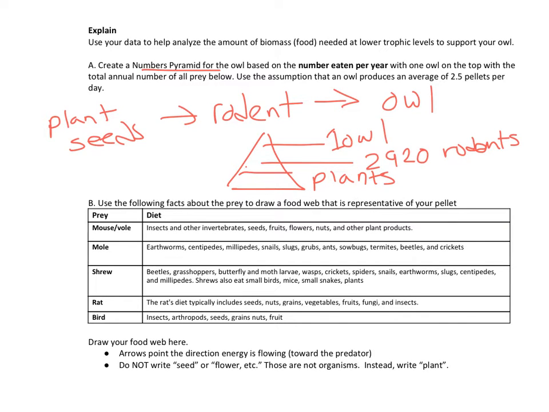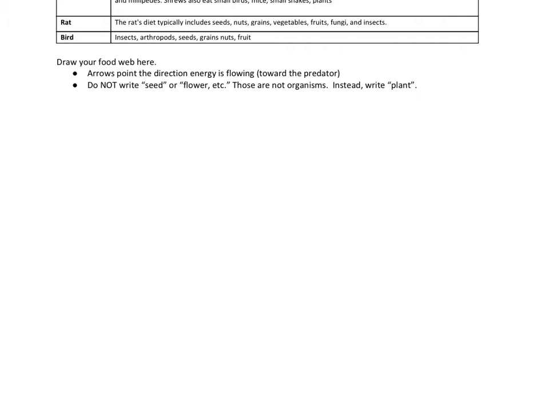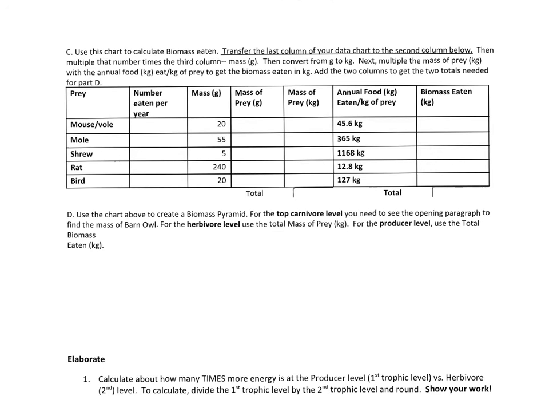Now, using our 10% rule, to support that many rodents, we would need 29,200. And then on the bottom here, you will draw your food web using the information above. Remember, the arrows go in the flow of the energy.